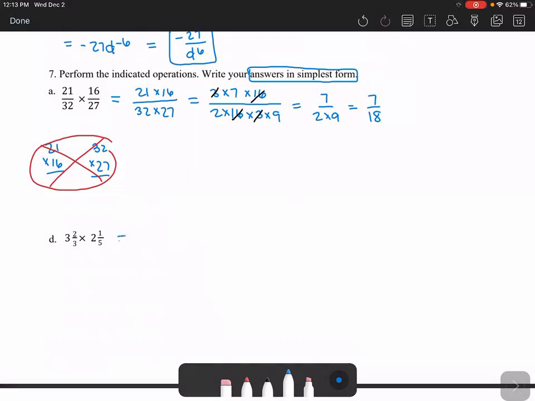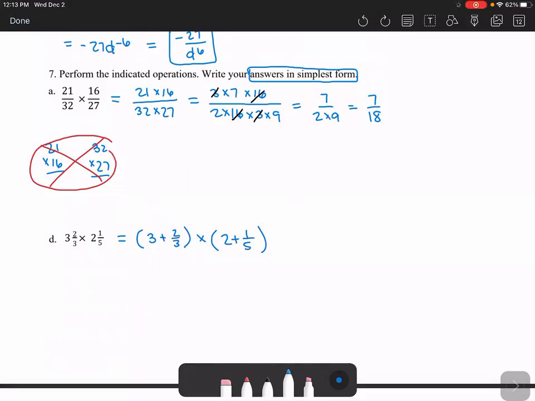So we can remember that mixed numbers have this implied addition here. So this is really 3 plus 2/3 times 2 plus 1/5, right? So the common mistake is to do the same thing that we do with adding and subtracting mixed numbers and deal with the whole numbers and the fraction parts separately. And that's not going to be the case here because we need to distribute.